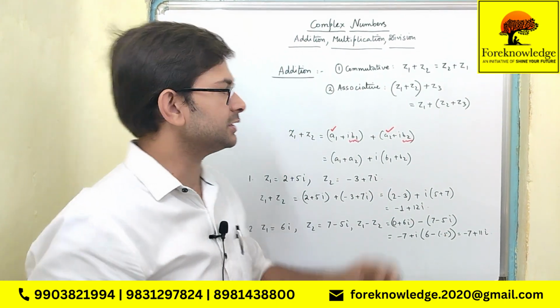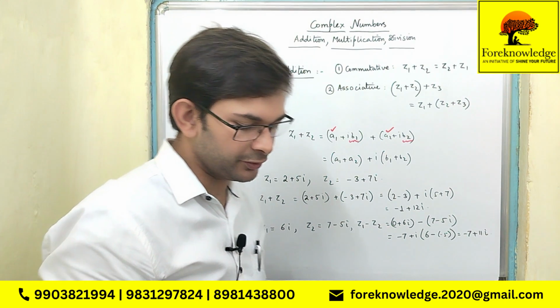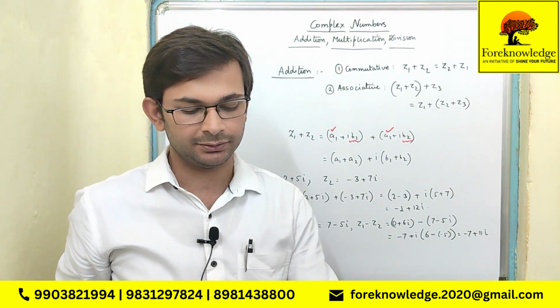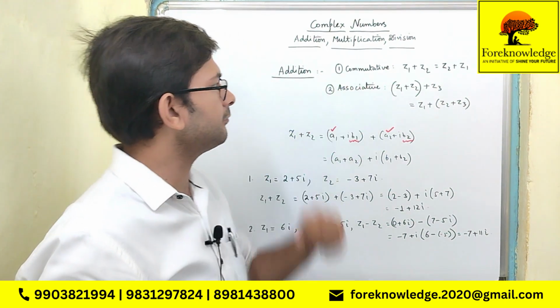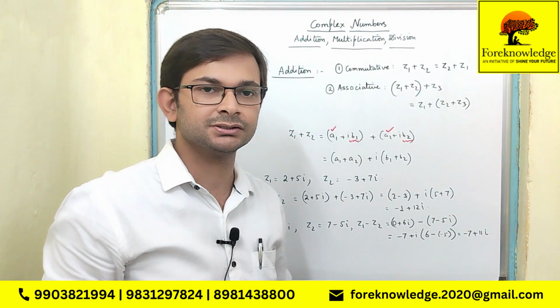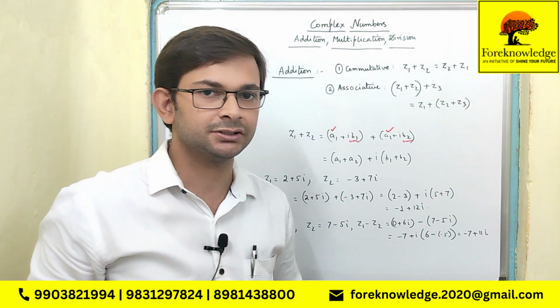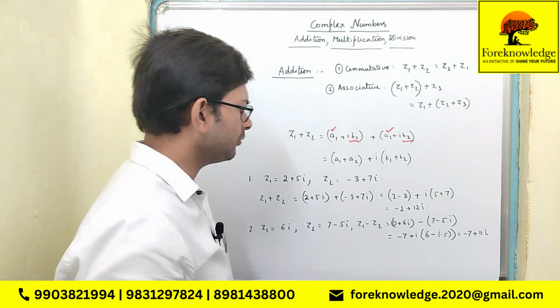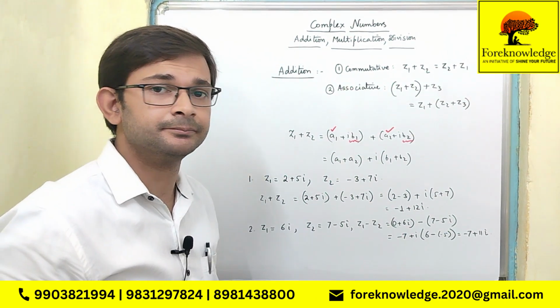So this is the property of commutativity and associativity. That's how we perform complex number addition, and these are the properties that complex number addition follows. I hope this is clear.